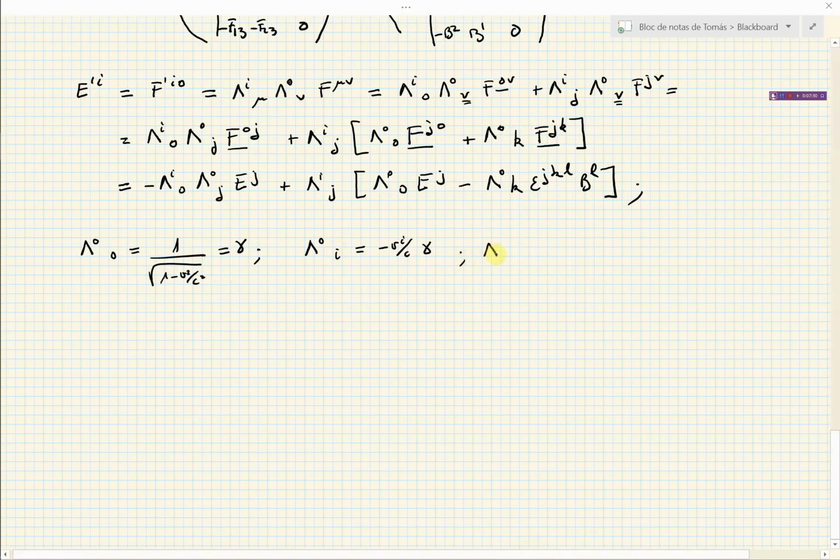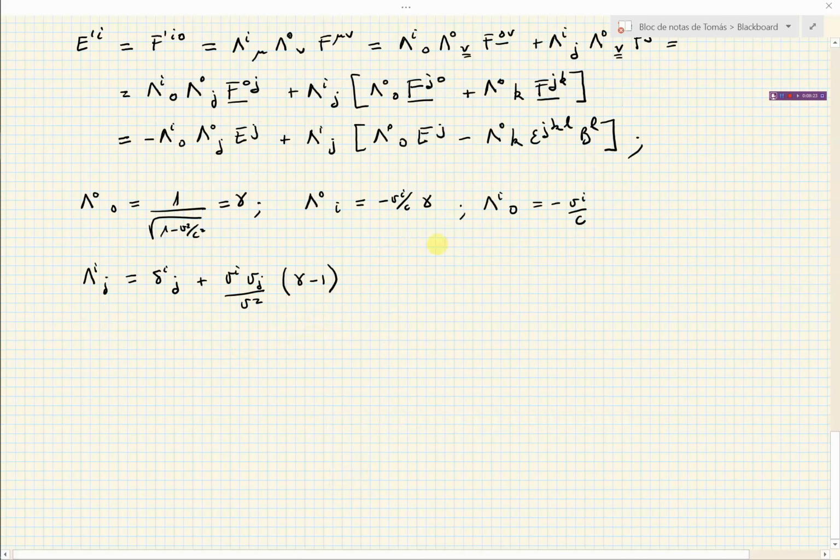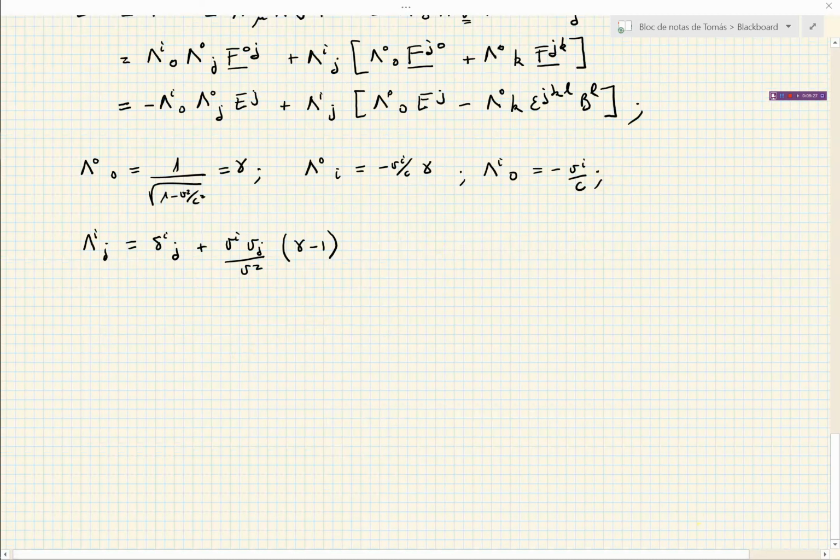And lambda i 0 is minus v i divided by c. Finally, how about lambda i j? This is delta i j plus v i v j divided by v squared, gamma minus 1. So this is a simple way of writing the components of the Lorentz transformation.